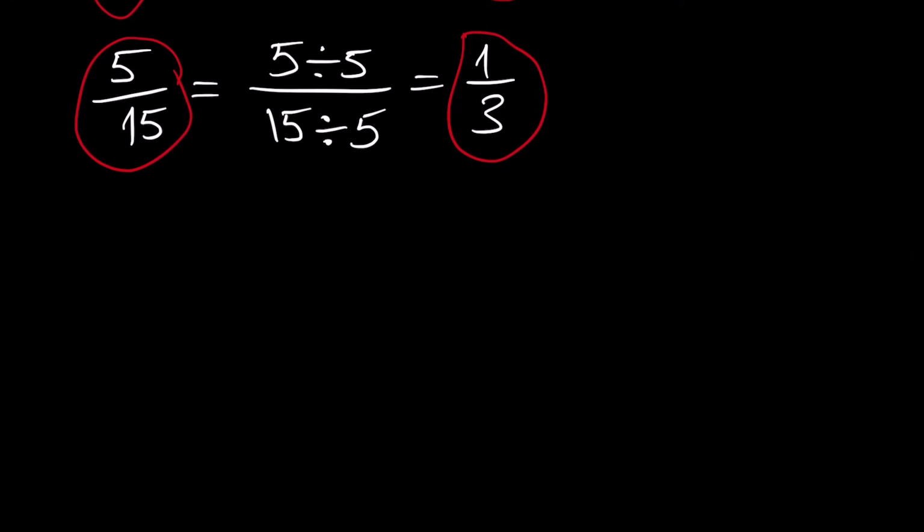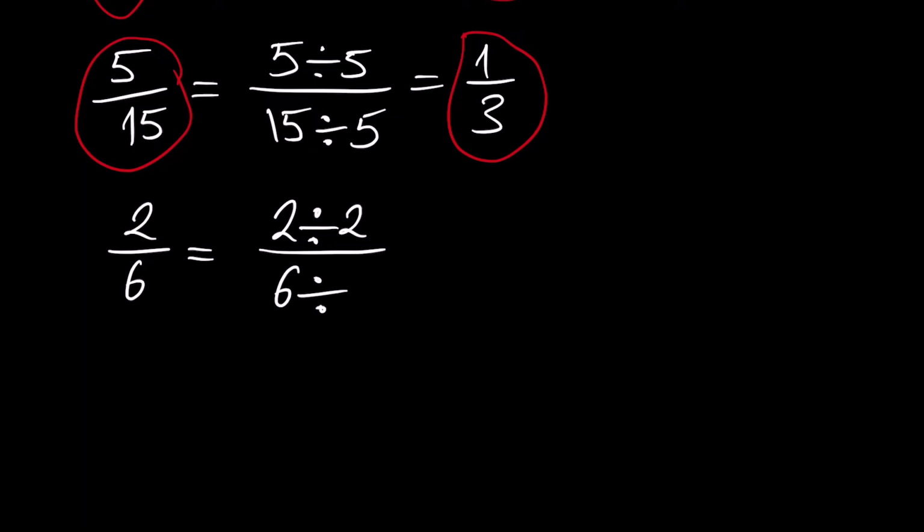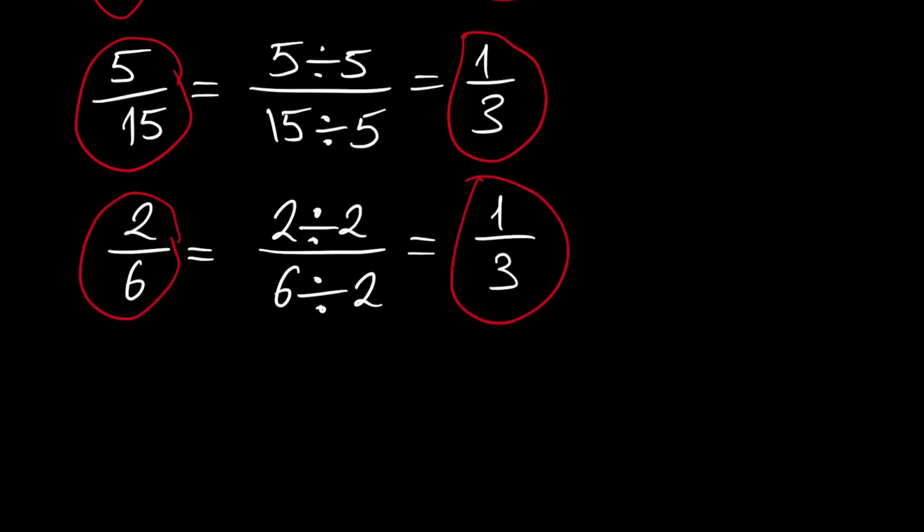One more example, 2/6. Both 2 can be divided by 2, and 6 can be divided by 2, and the result will be 1/3, and 1/3 is equal to 2/6. Once again, this is called reducing to lower terms.